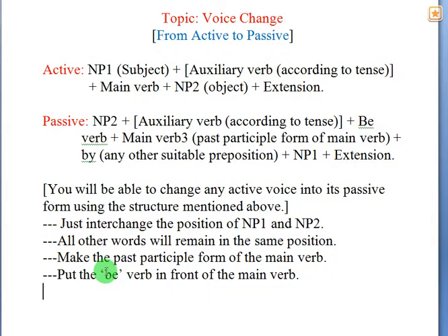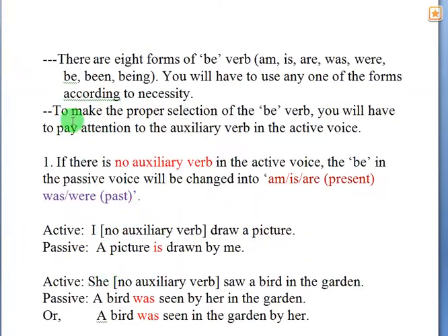These are the important points. Next, you see there are 8 forms of be verb: am, is, are, was, were, be, been, being. And you will have to use any one of the forms of the be verb as you require according to the necessity of the subject or the auxiliary verb in the passive form.